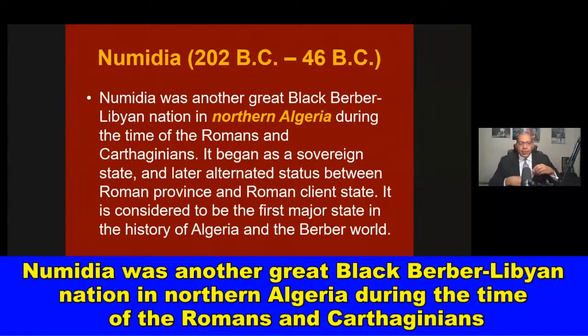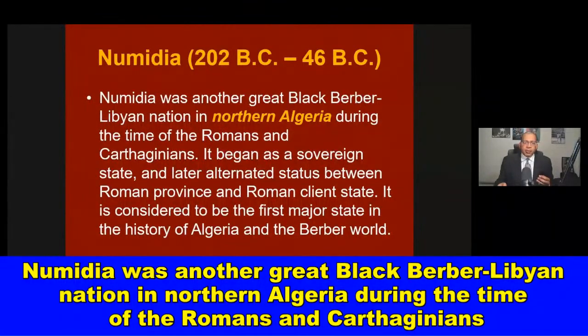It began as a sovereign state and later alternated status between a Roman province and a Roman client state.